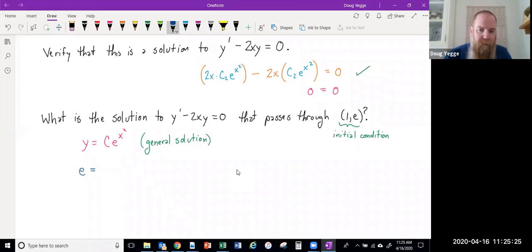We get e equals c times e to the power of 1 squared. So e equals c times e. So 1 equals c.